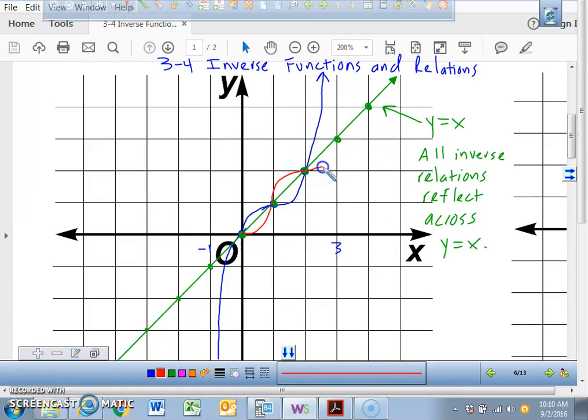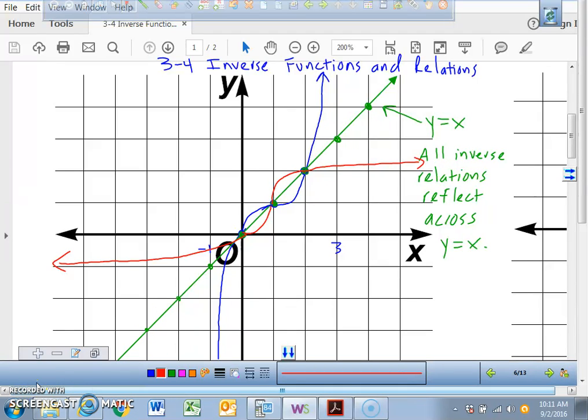Then remember, the y equals x, that green line is your line of symmetry, so I'm going to go that way. And then right here, you're doing your best to make it symmetrical on both sides of this y equals x. So just do your best to get a drawing that represents what's happening in your graphing calculator.